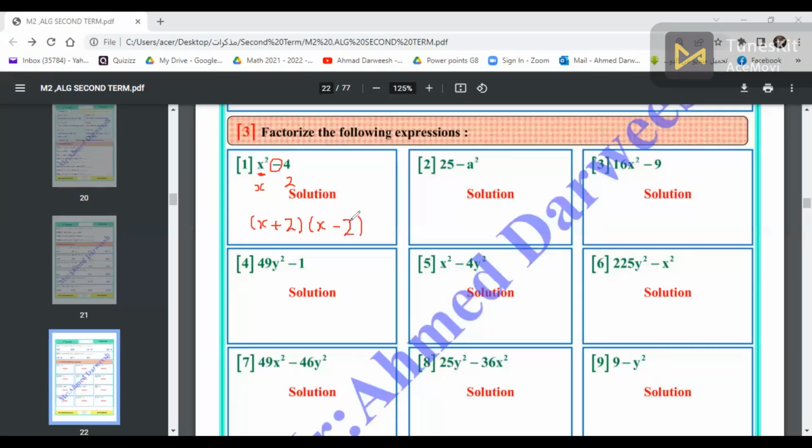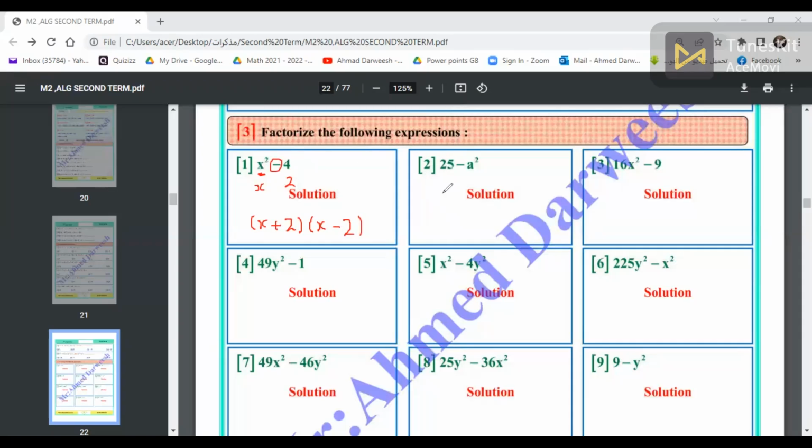Mister, it's magic. It's very simple. Again, find the square root of both of them, x and 2. Write it twice, x, 2, x, 2, and we are done. But remember, one of the factors is positive and the other is negative. Now, let's try it again here.